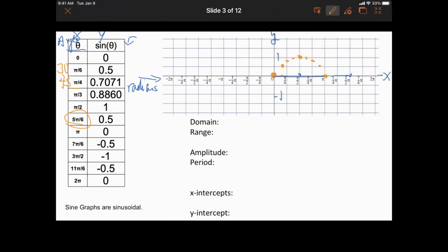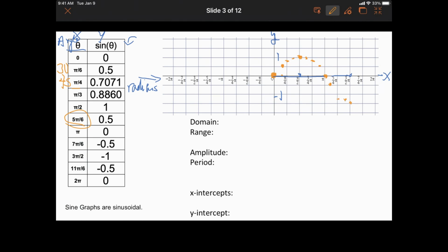So when you graph that, 7 pi over 6 is -1/2. So it's about here. And the next one is 3 pi over 2, which is -1. And you're like, Miss Mendoza, what happened to all those numbers before? Remember, it's going to come back to be about the same. It's about here, and about here, and then here.